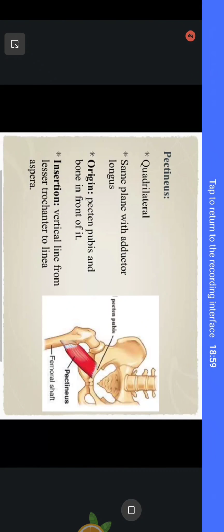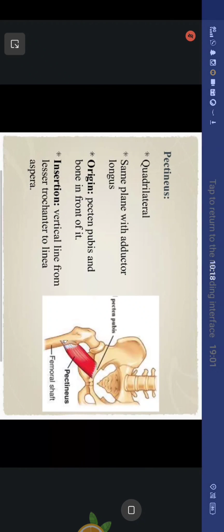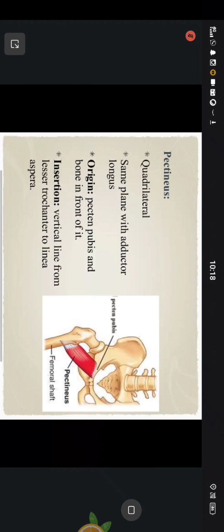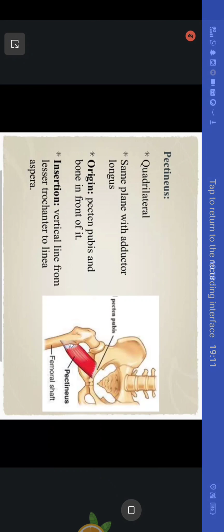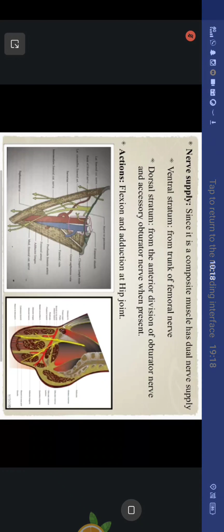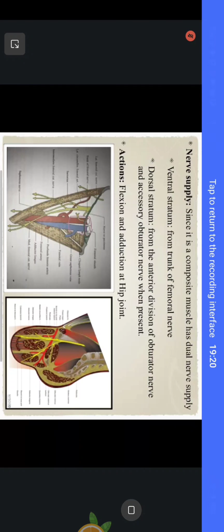And these fibers run downwards and are inserted into a vertical line near the lesser trochanter and the linea aspera.